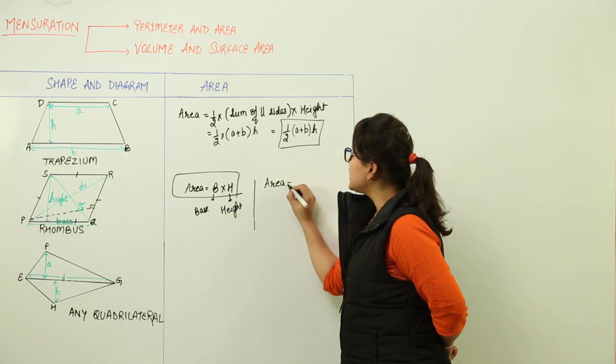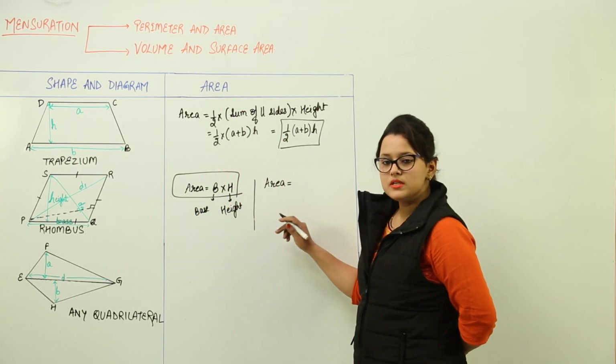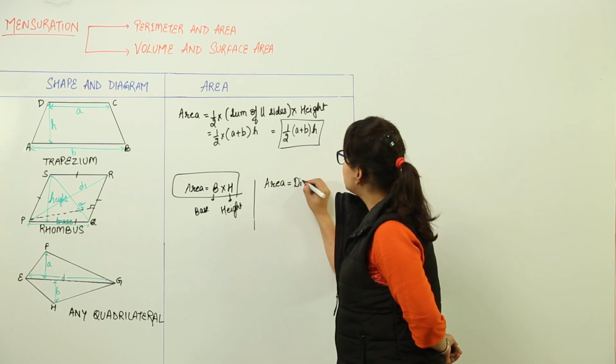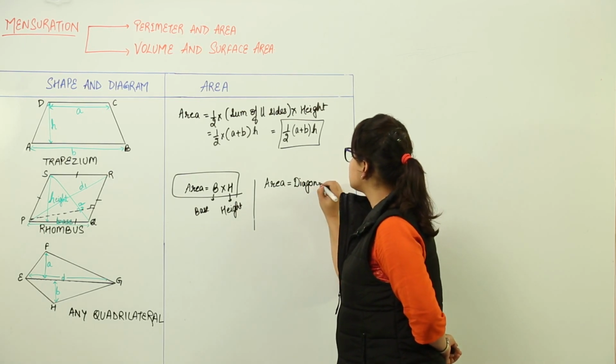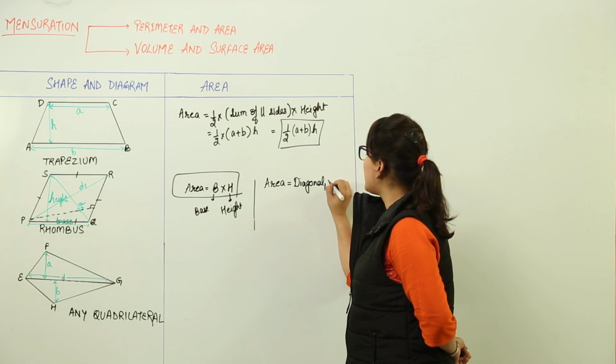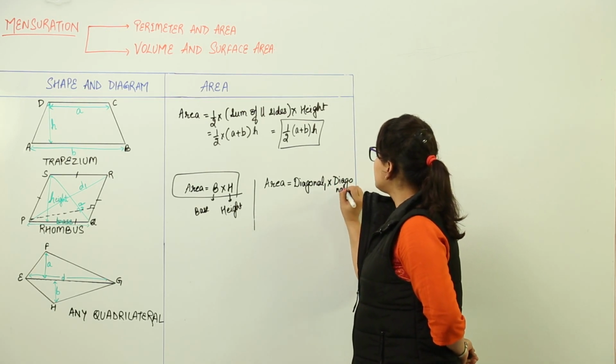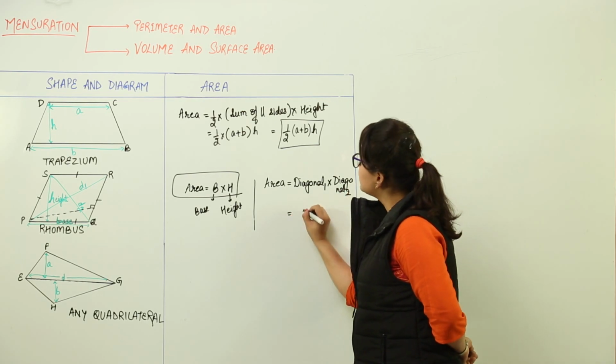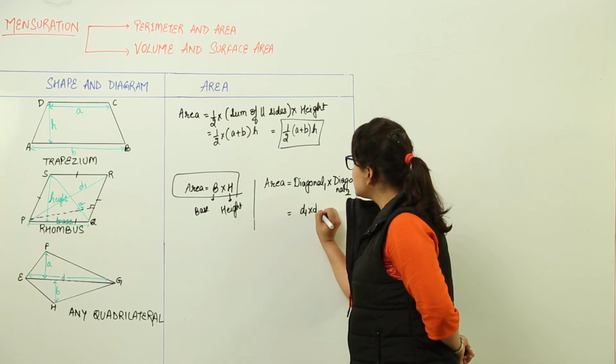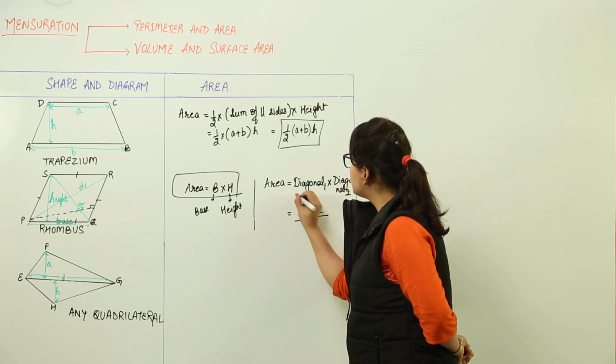So if you want to write the area for this rhombus, you can also write it as the product of diagonals, that is diagonal 1 into diagonal 2. If you do the product of both, you are going to get the area, plus it has to be divided by 2.